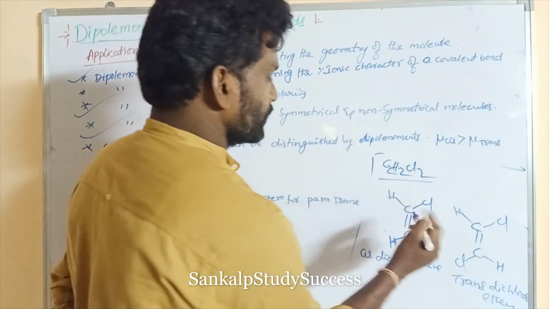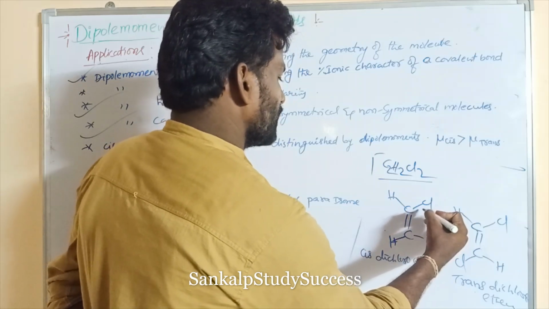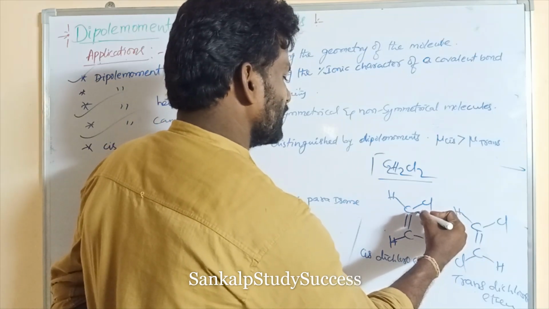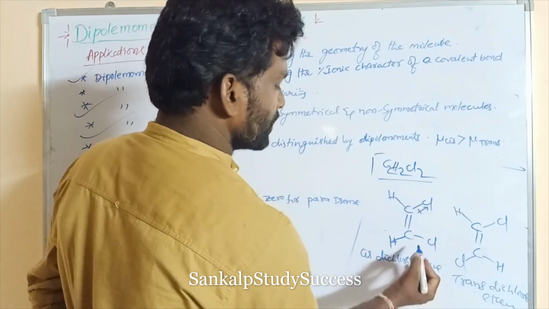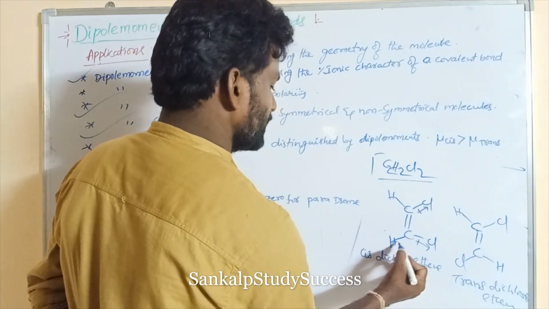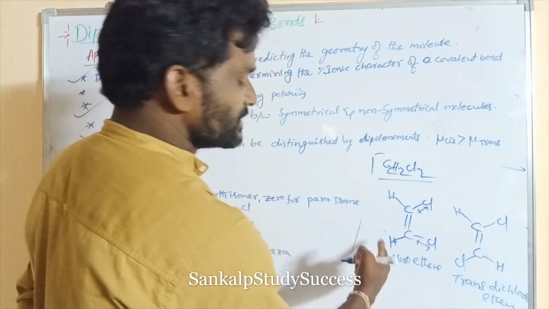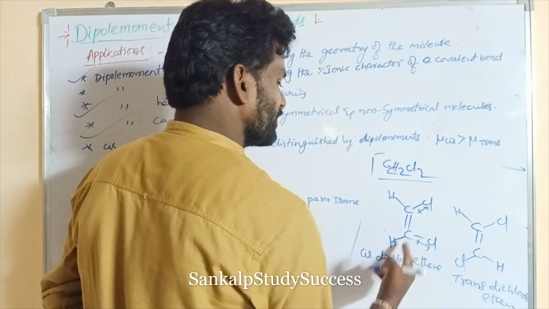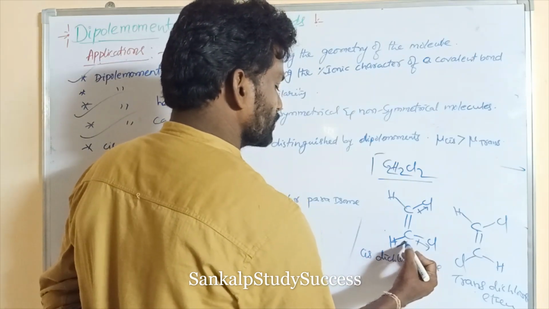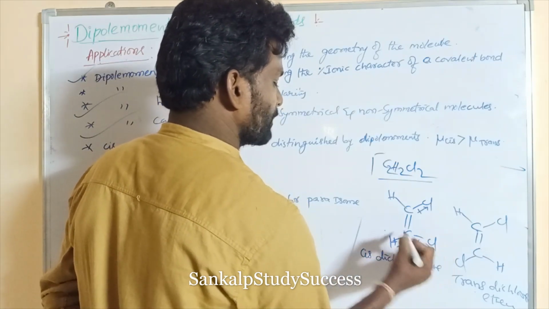Now, here the C-Cl bond is shifted towards chlorine, the more electronegative atom. So this is the representation of the crossed arrow. Similarly, hydrogen has 2.1 electronegativity and carbon has 2.5 electronegativity, so this bond is also shifted towards the carbon side.